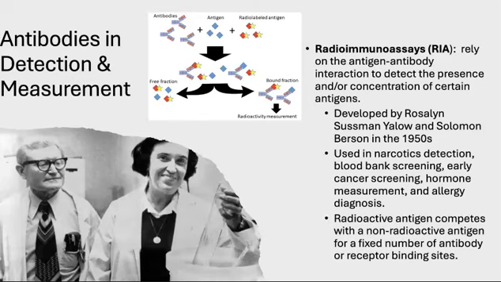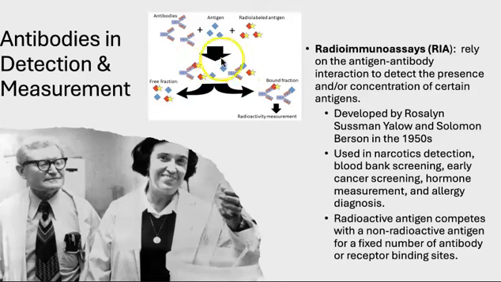Essentially what takes place here is we have a radioactive antigen that is going to compete with the non-radioactive antigen for a fixed number of antibody or receptor binding sites. And so we could take our sample, for instance, a patient's blood, and the antibodies will cease binding to the tagged antigen and instead bind to the untagged one, which is called displacement.